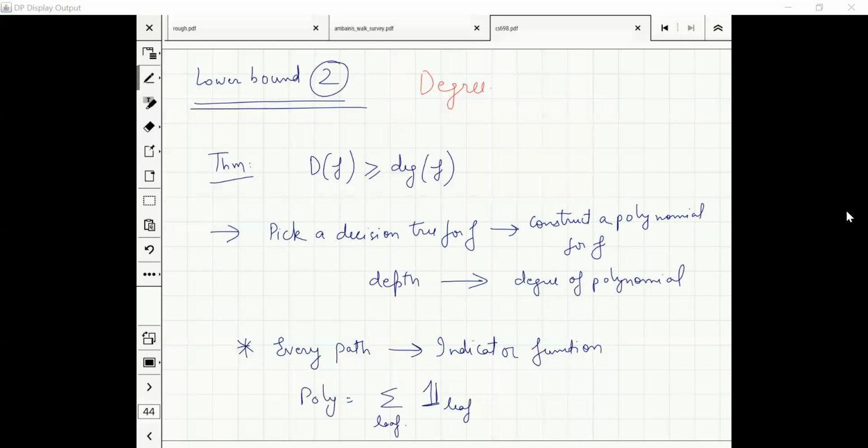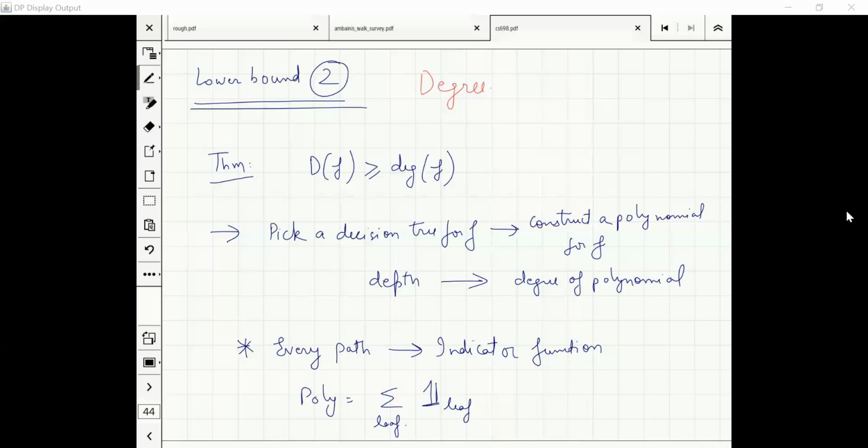Okay, so if there is any question, ask in the forums. I will answer. But it's a good exercise to do. Given a decision tree for a function f, I want to create the polynomial for it, and this is the way to do it. I will look at every path. Every path corresponds to a leaf. There is an indicator for every leaf. I just add up all those.